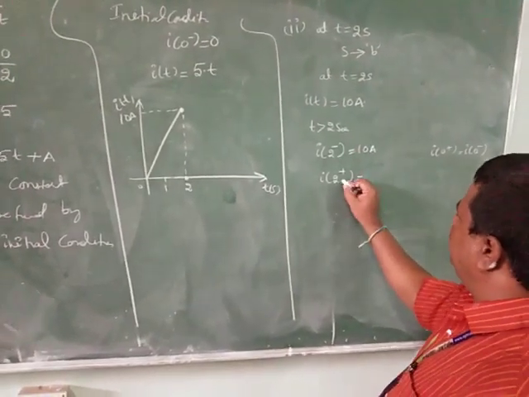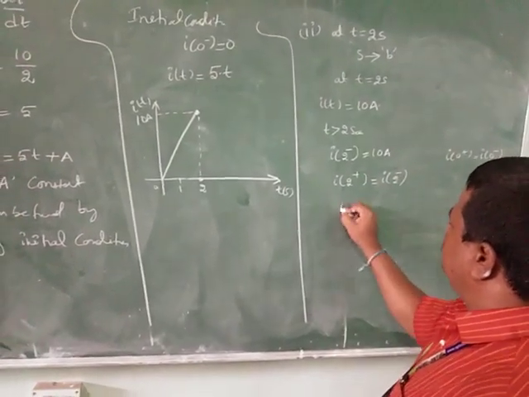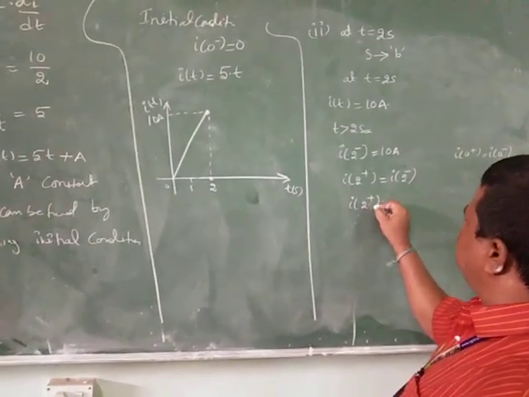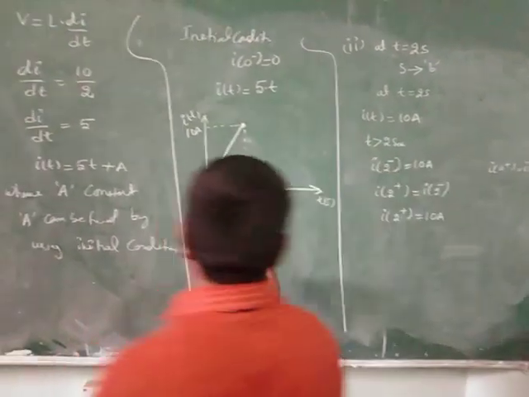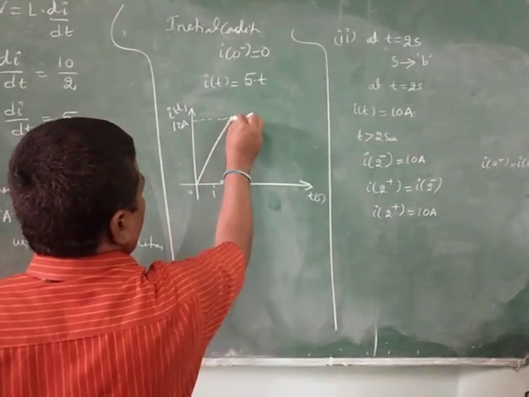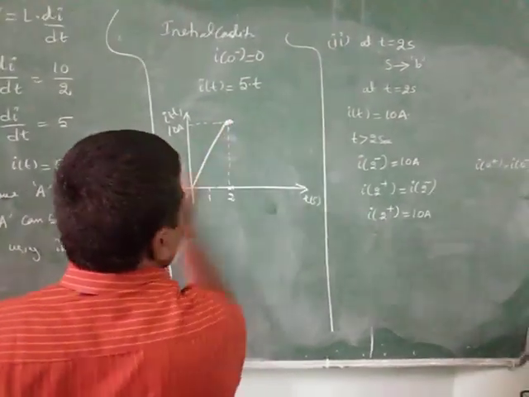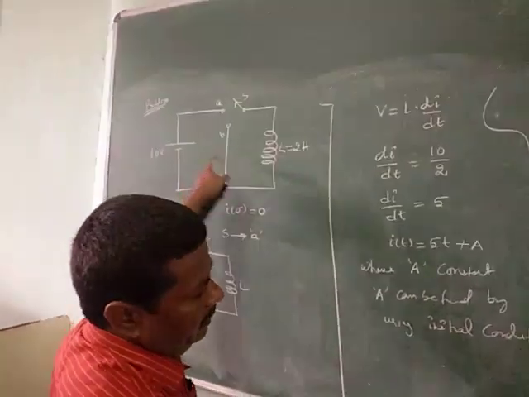That means I of 2 plus is equal to I of 2 minus. So I of 2 plus is also 10 amperes. Just after 2 seconds, the current is also 10 amperes.